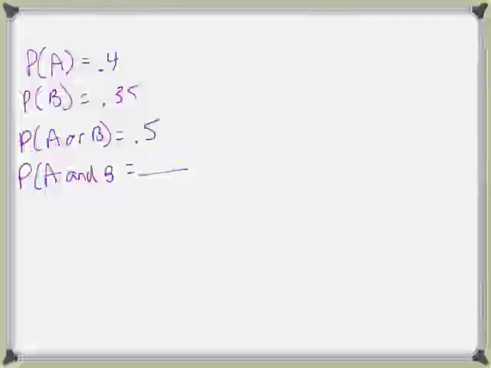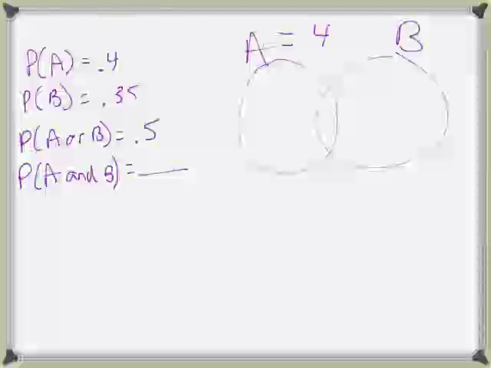I like to represent these by Venn diagrams. You don't have to. You could use the formula in your notes as well, but I'm not much of a formula person. So I like to use Venn diagrams, and I'm going to say I have my A circle and B circle. The A circle should have 0.4, and the B circle should have 0.35 in it.